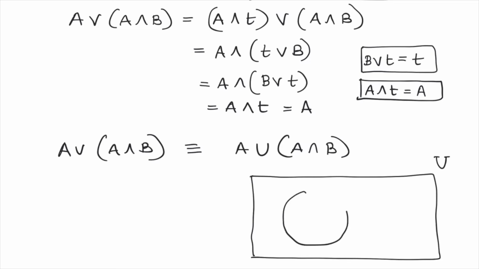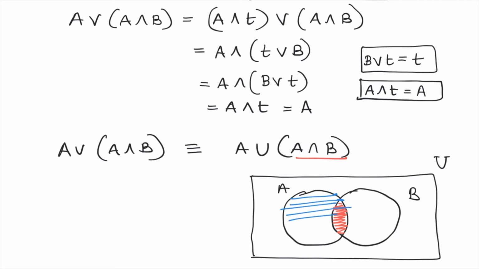So we have A here and B here. Now this is your A and B region, and that is union with A. So we have A here. If you take the union of these two, what you're going to get is again A, right?